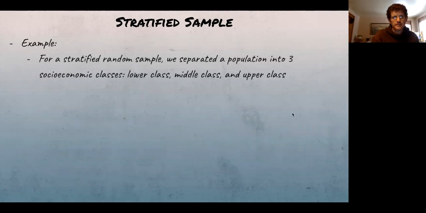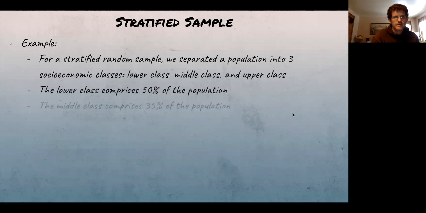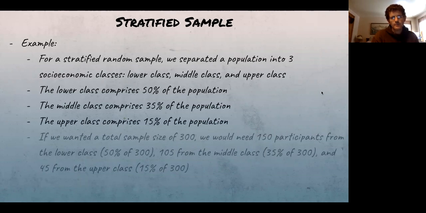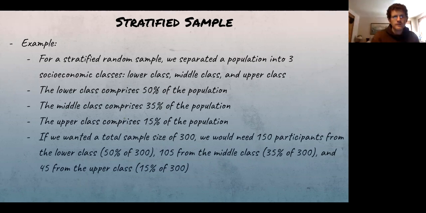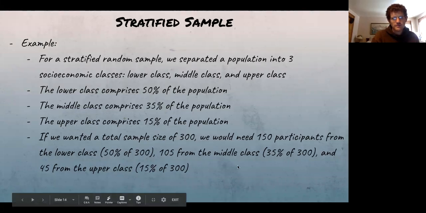Oh, I already had an example. Here we go. So we can just pull that all up. So 50, 35, and 15% represent the different classes in socioeconomic terms in the population. So there we go. For a sample size of 300, we would need these numbers.